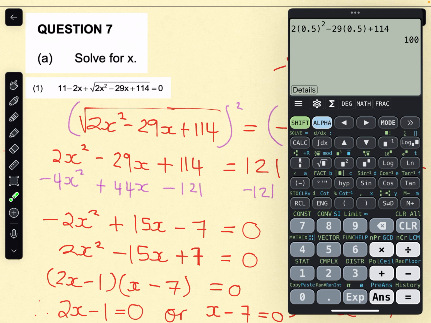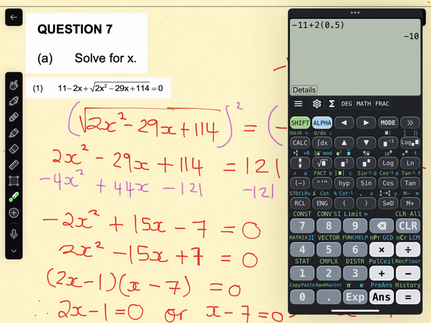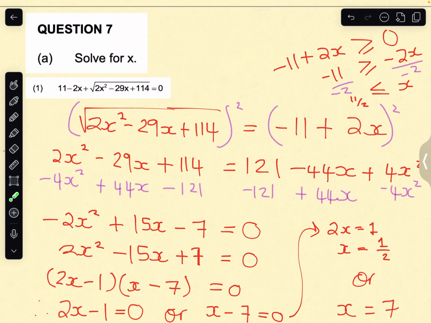So this is what this side of the equation would be if we put in a half. If we then come on this side and we say negative 11 plus 2 times 0.5, we get negative 10, right? So hopefully you see now what the error is that has crept in by squaring both sides, by squaring both sides and not stating a restriction.